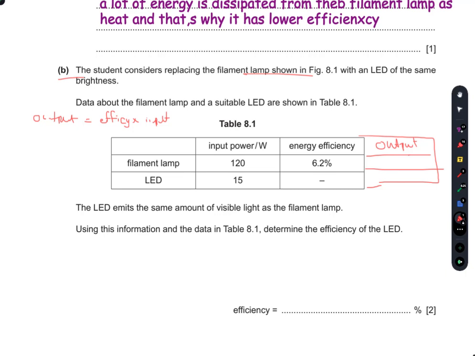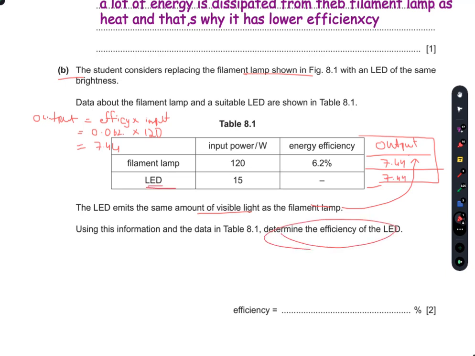The efficiency in numerics would be equal to 0.062, not 0.62. I had made a mistake here. I multiply this with the input power of 120, so the output here is 7.44. This output is the amount of visible light the filament lamp generates, and this is also the output of the LED.